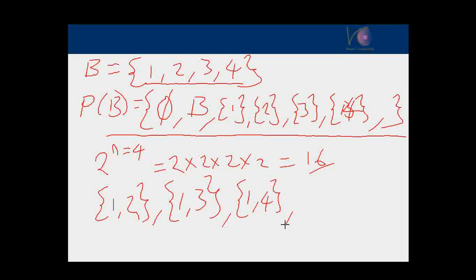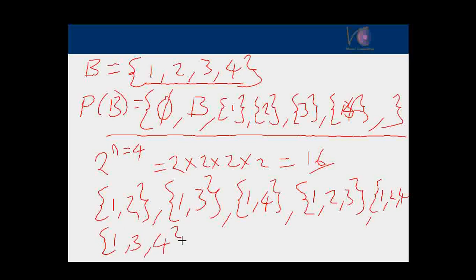From there, we can go to the combination of 3 elements. So we can have {1, 2, 3}, we can have {1, 2, 4}. Then another set can be {1, 3, 4}. So how many elements so far? We have 1, 2, 3, 4, 5, 6, 7, 8, 9, 10, 11, 12.